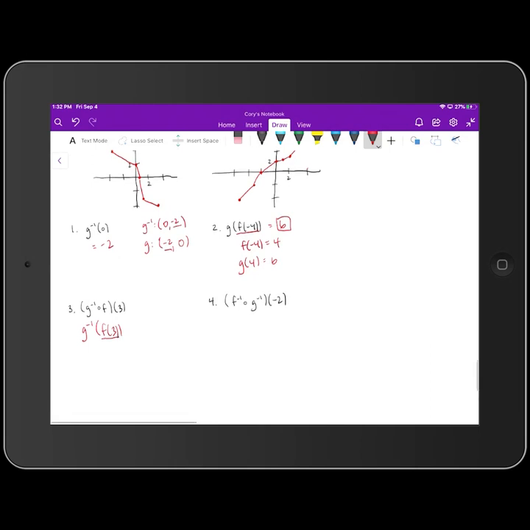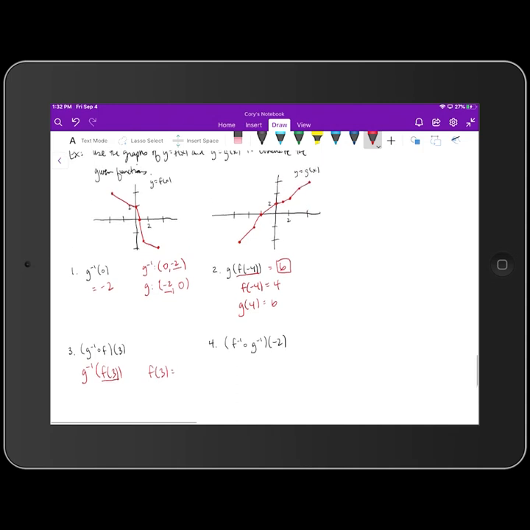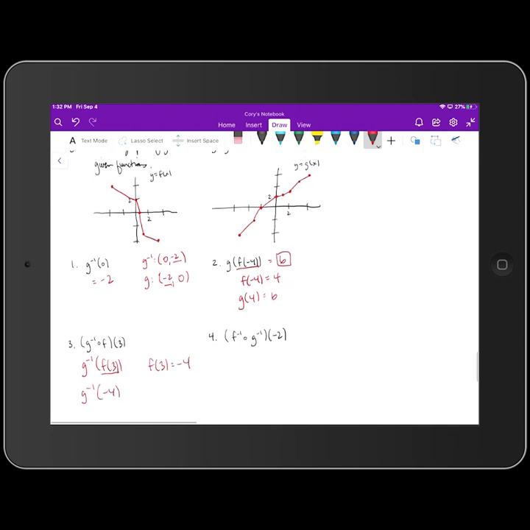So for f of 3, we go to the graph of f. The y coordinate when x is equal to 3 is -4. So this is like asking us to find g inverse of -4.